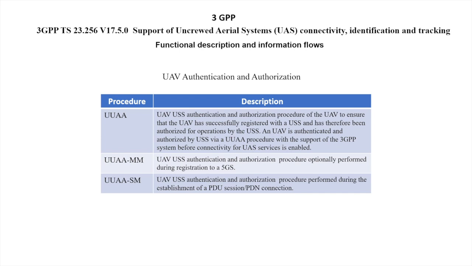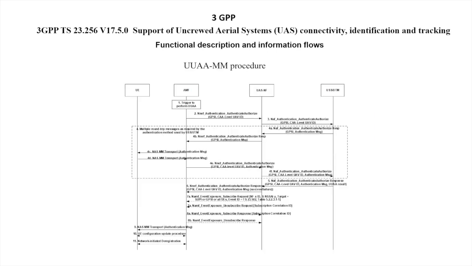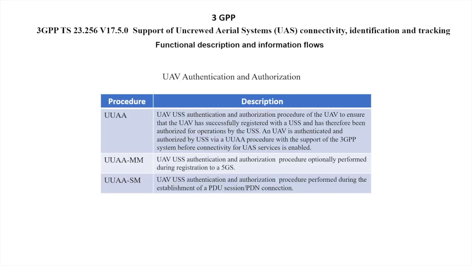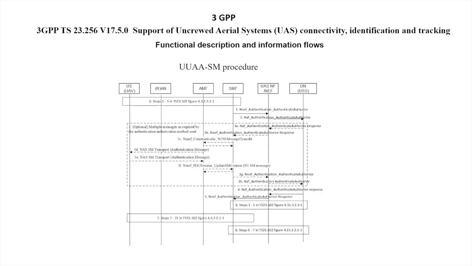UUAA-MM is a UAV USS authentication and authorization procedure optionally performed during registration to 5GS. UUAA-SM is a UAV USS authentication and authorization procedure performed during establishment of a PDU connection.